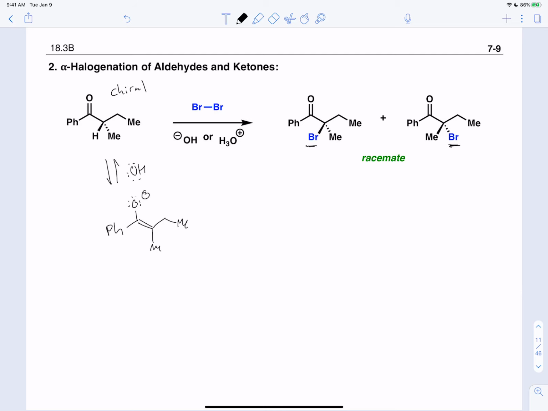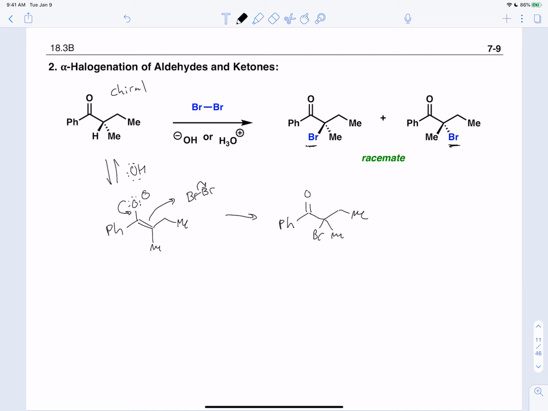But for now, we just want to keep this generally in mind, and this will be a consistent trend throughout the class, where these types of enolates will be reacting on the carbon atom. So we can have a direct attack on this bromine, and this will lead us to either of the two brominated products. Not so bad.